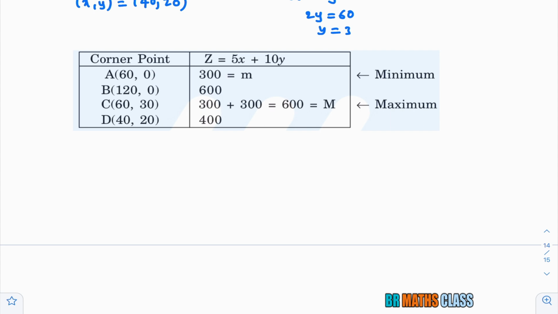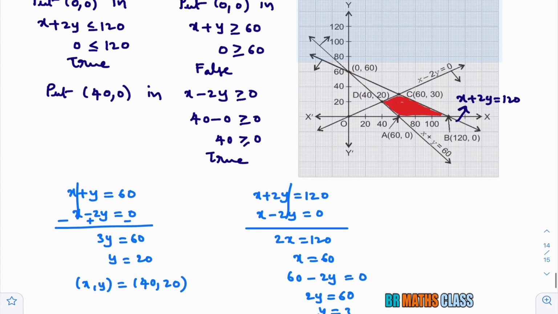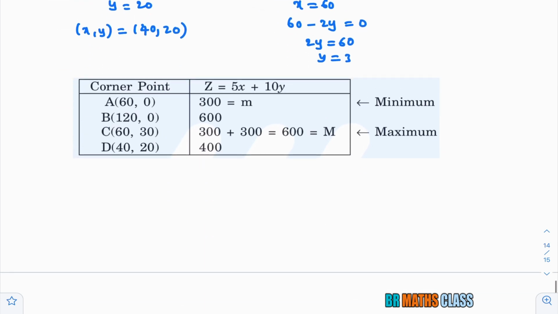You please observe, they are asking maximize, minimize. As the feasible region is a bounded feasible region, this is important, in this table we can conclude where the objective function is maximum, where the objective function is minimum. So here, what is the minimum value? Minimum value is 300.